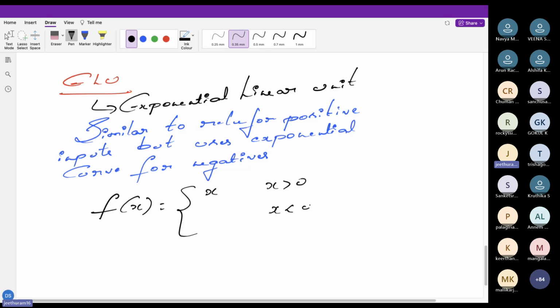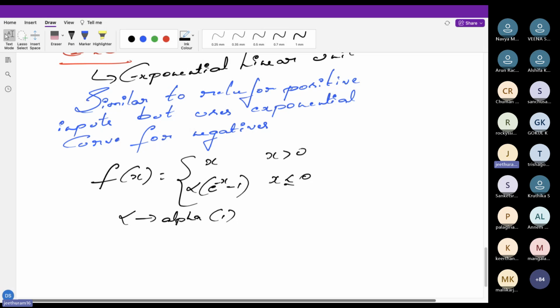If it's a negative number, it will be alpha into e power x minus 1. Here alpha is a constant, usually 1. So this is the exponential linear unit activation function. Again, even this is used in the hidden layer only.